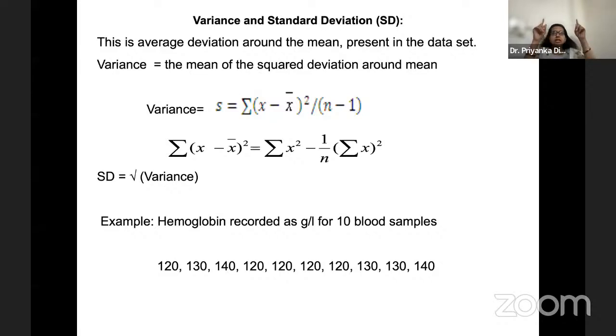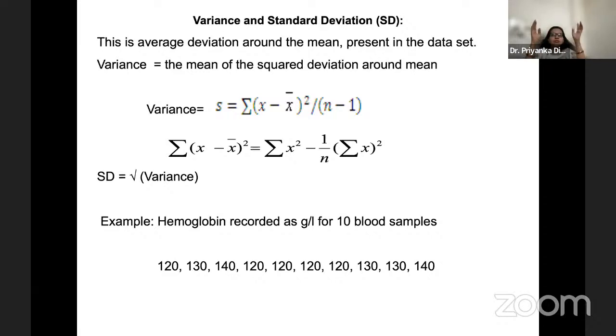Ultimately, by applying the modulus value or using the square term, we are trying to ignore the negative sign. Sometimes when we calculate xi minus x bar, we will get a positive value, and sometimes a negative value.